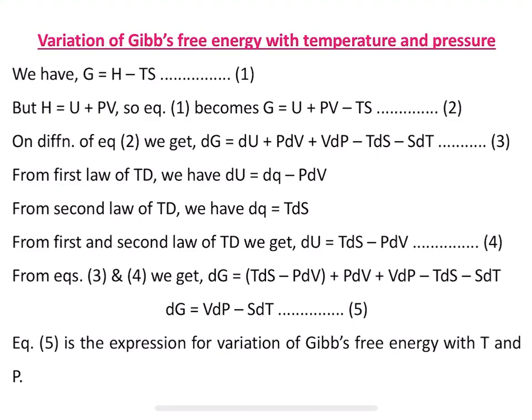This was understood in our later concepts, and then we jumped into the mathematical derivations of the variation of Helmholtz free energy, what is called the work function, with temperature and volume. And next, the variation of Helmholtz free energy with temperature during an isochoric process and also during an isothermal process. All these concepts were discussed in our previous class.